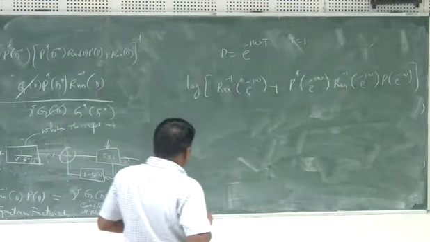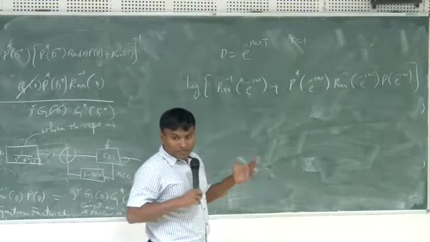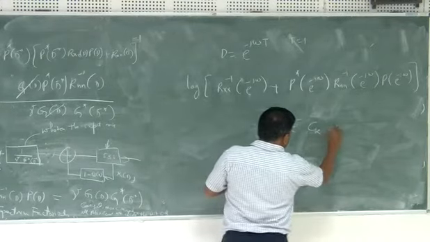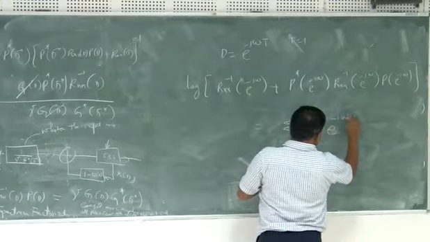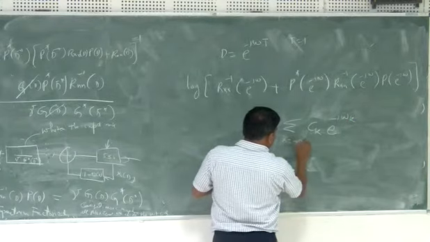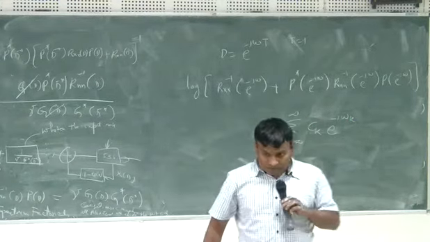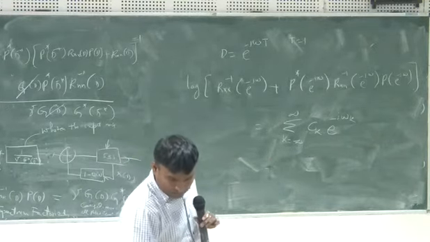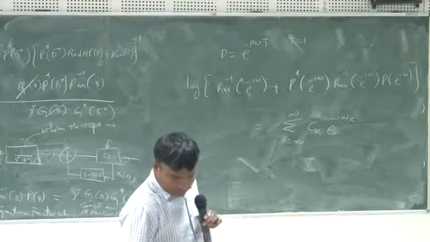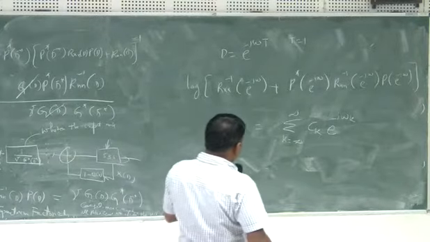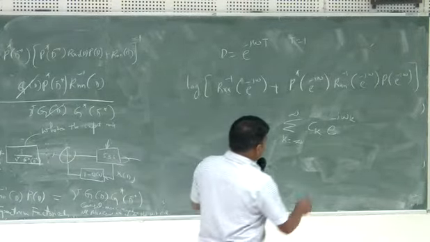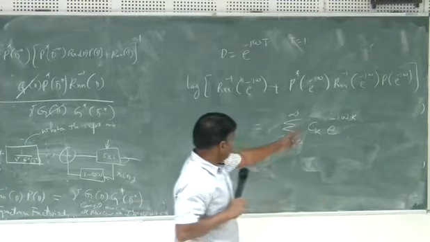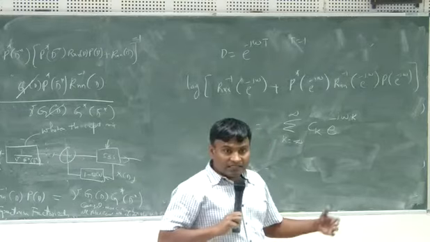And I'll expand this log spectrum into a Fourier series, with e to the power of minus j omega k. The t is left out. It is a discrete Fourier series.